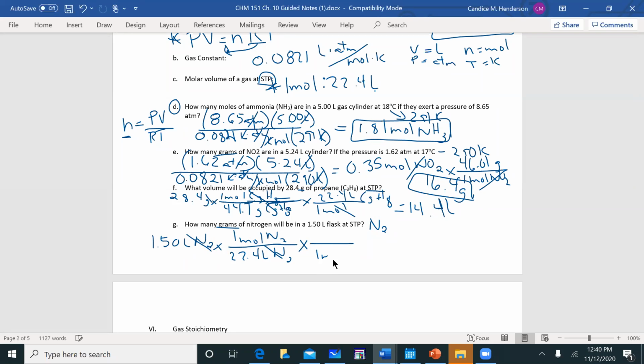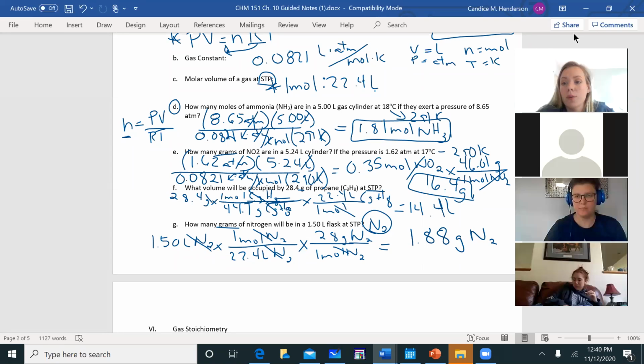So for every 1 mole of nitrogen gas, I weigh 28 grams, because we're dealing with a diatomic. Each one of those molecules is actually 2 nitrogens strapped together, so make sure you're taking that into account. Those will cancel, and we're left with 1.88 grams of N2. So kind of a nifty trick when we're at STP.